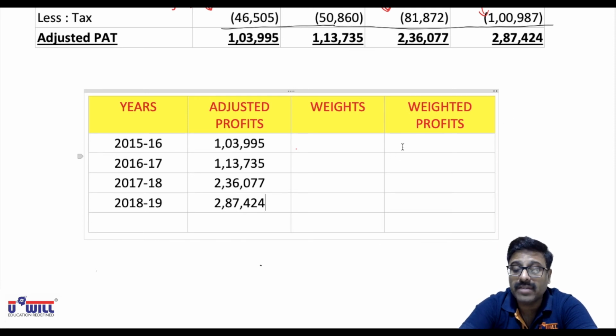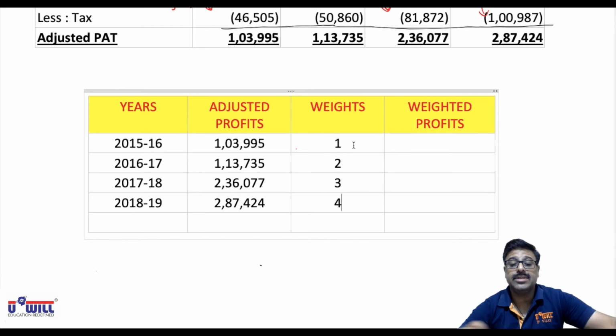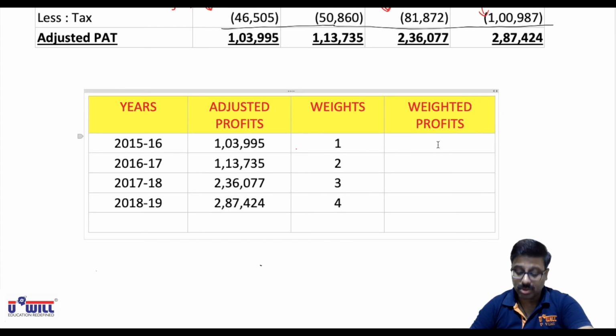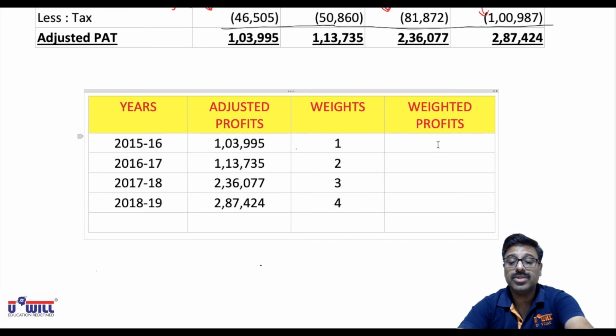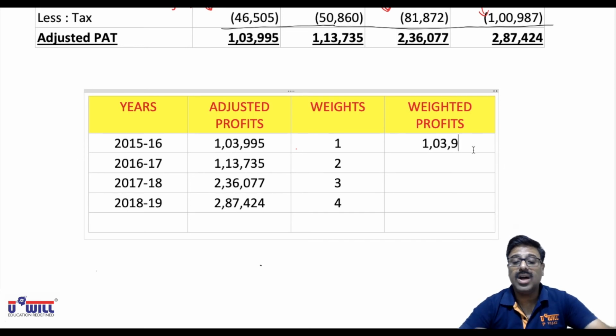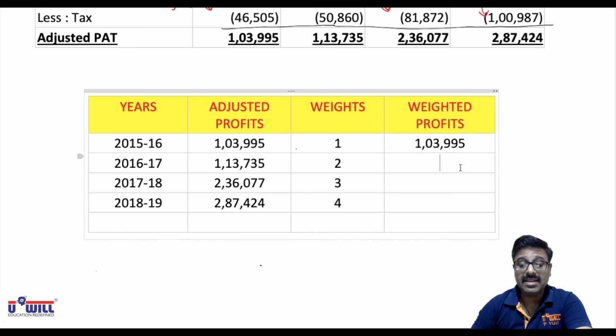Weights, even if not given, you have to use 1, 2, 3, 4. Now weighted profits. Do 103,995 into 1. That's going to be 103,995 only. Then 113,735 into 2, that is 227,470.